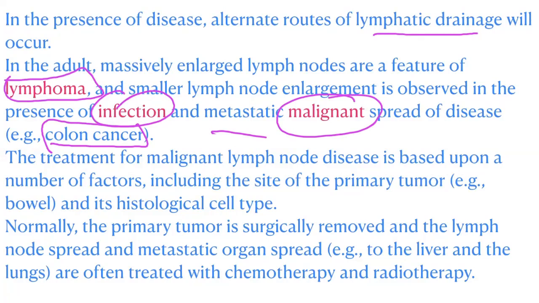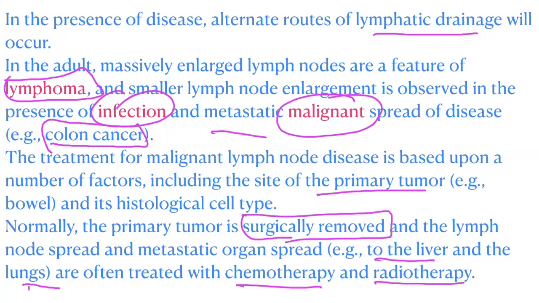The treatment for malignant lymph node disease is based upon a number of factors, including the site of the primary tumor and its histological type. Normally, the primary tumor is surgically removed, right? And the lymph node spread and metastatic organ spread, for example to the liver and lungs, are often treated with chemotherapy and radiotherapy.